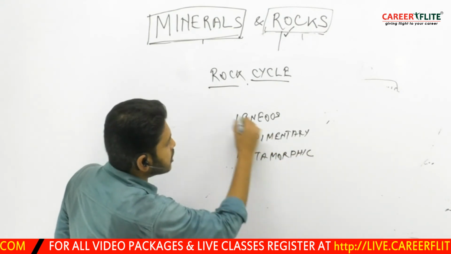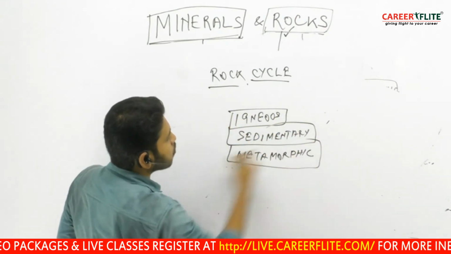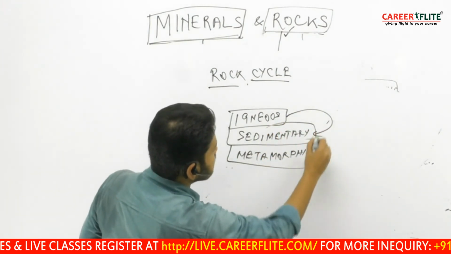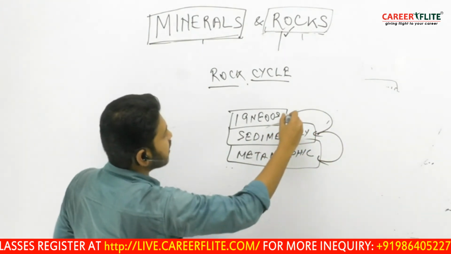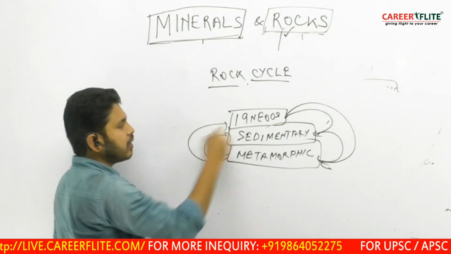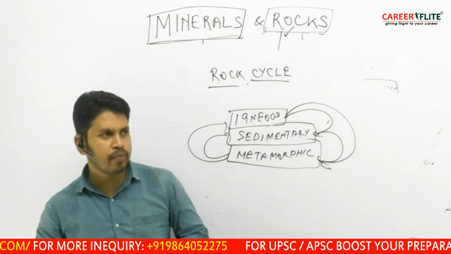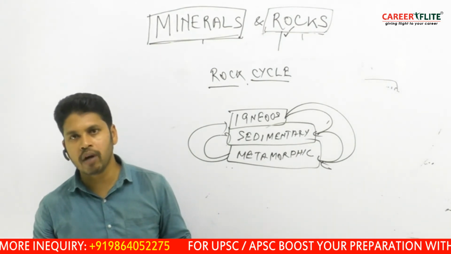Actually, in nature, they can change their form from one form to another. Igneous can become sedimentary, sedimentary can become metamorphic. Again, igneous can become metamorphic, metamorphic can become sedimentary. Again, it can become igneous. So there is change in the form. The different types of rocks can transform from one form to another form.